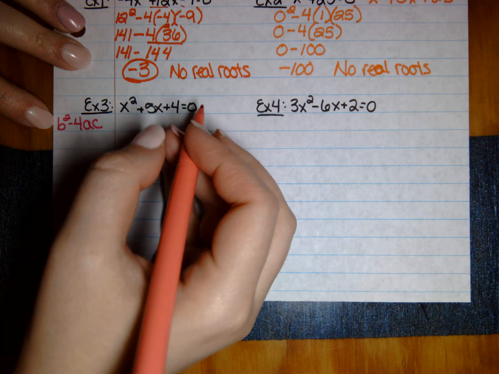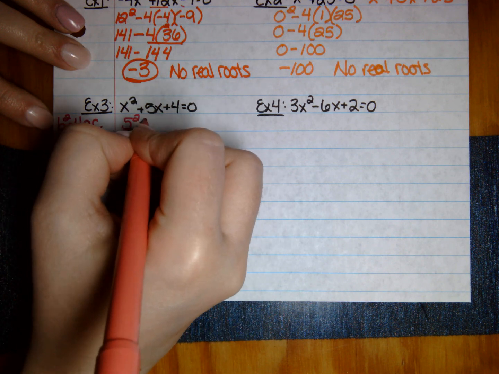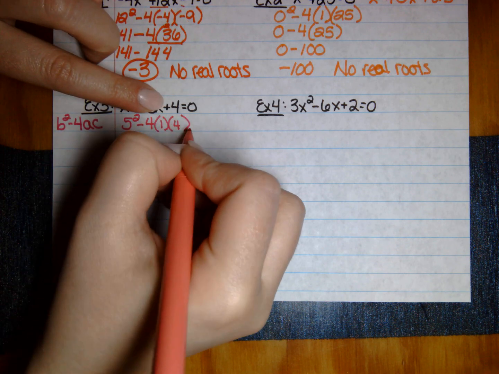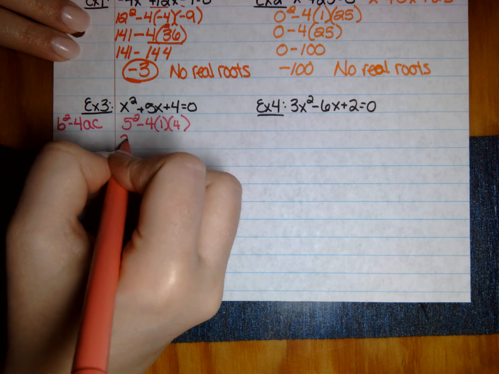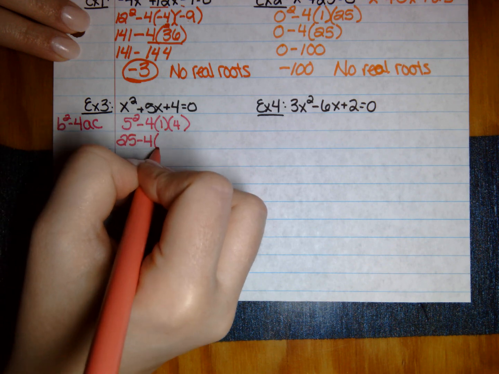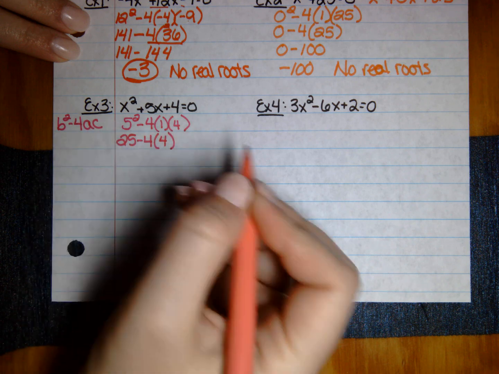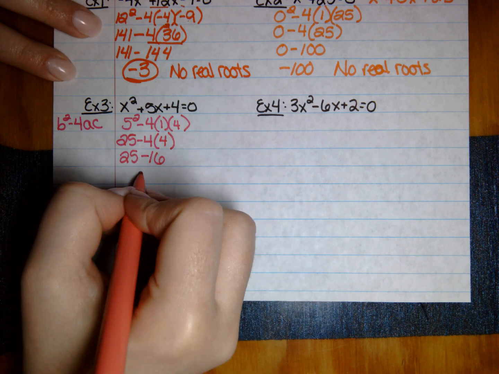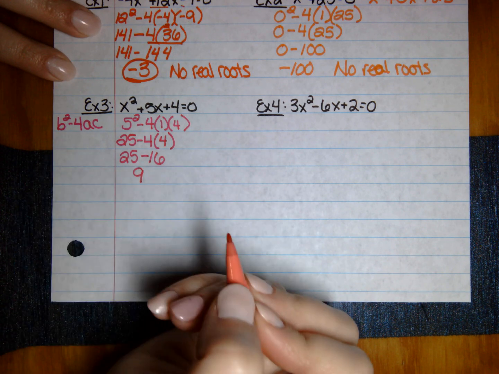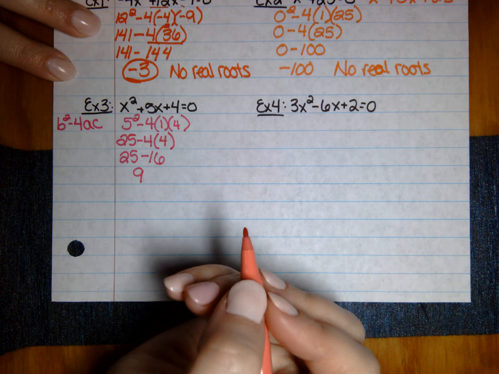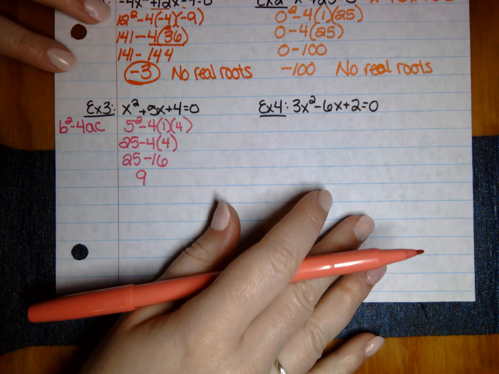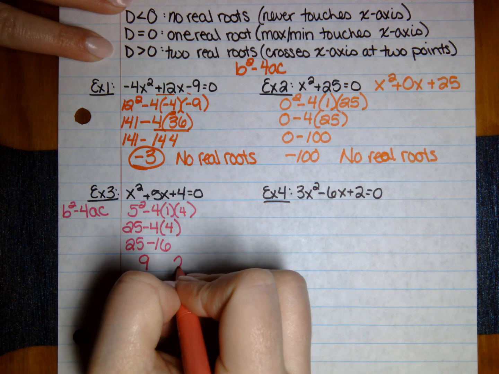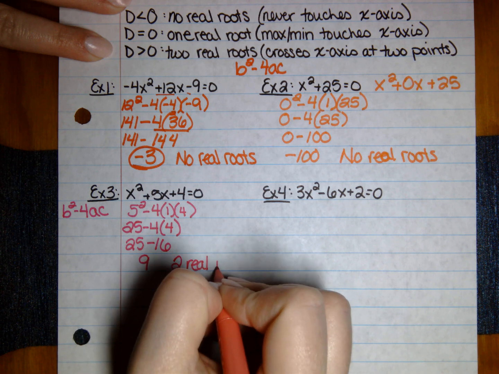So my b is a 5, so I'm going to have 5 squared minus 4 times a, which is a 1, times c, which is a 4. 5 squared is going to give me 25, minus 4 times 1 times 4, which is 16, so I'm going to have 25 minus 16, which is going to give me a positive 9. Since it's a positive, according to my information up here, d is greater than 0, that means I'm going to have two real roots.